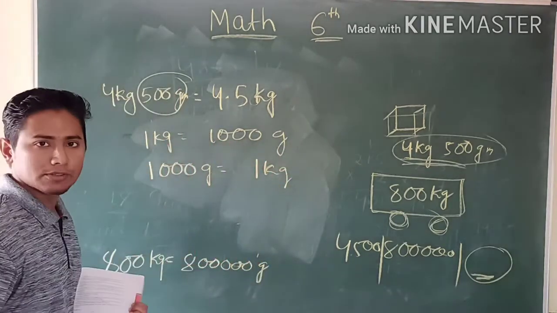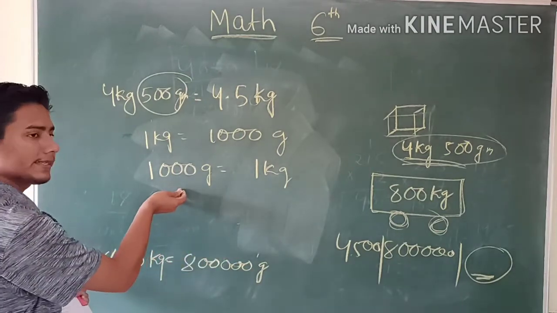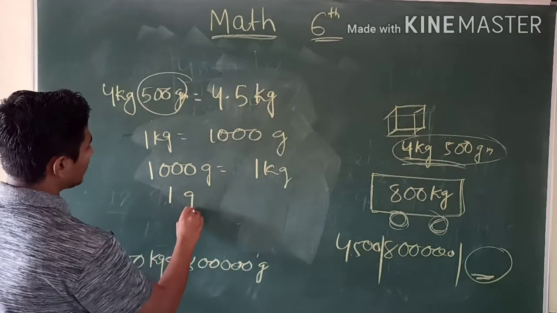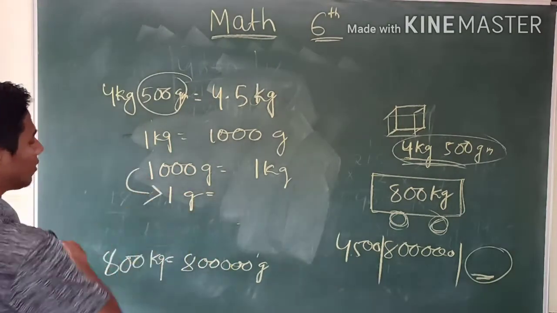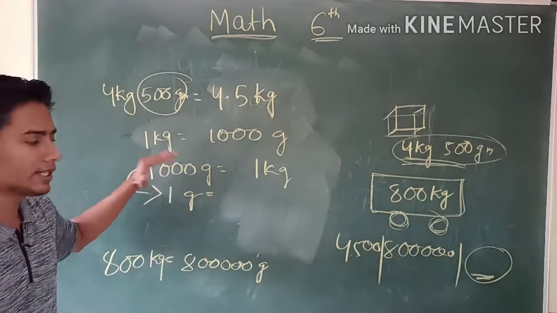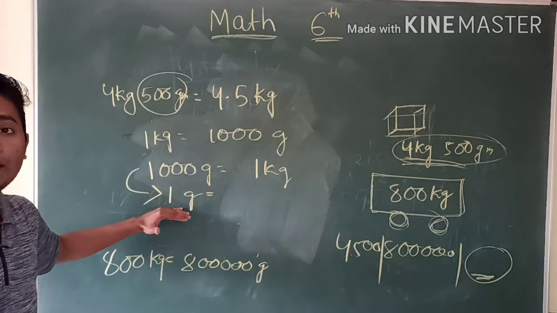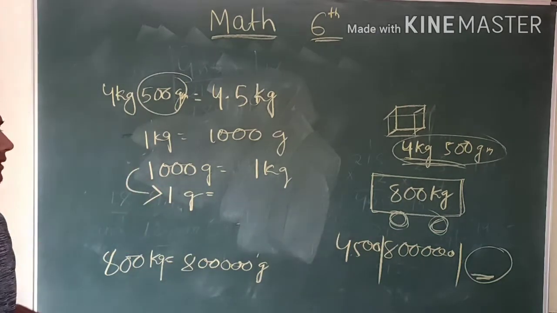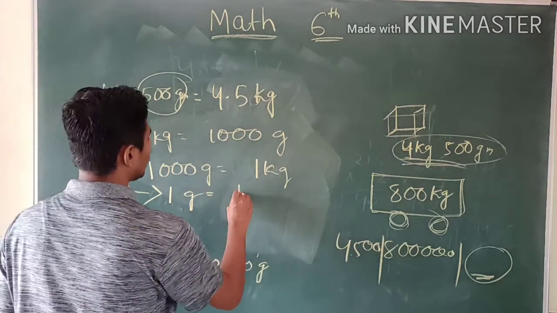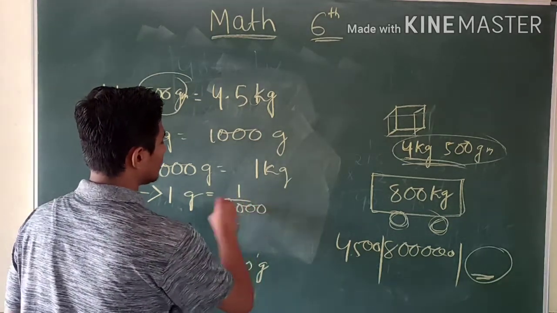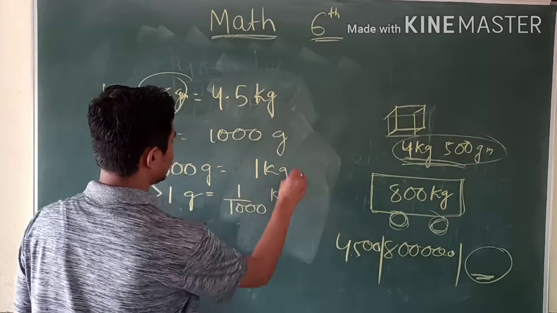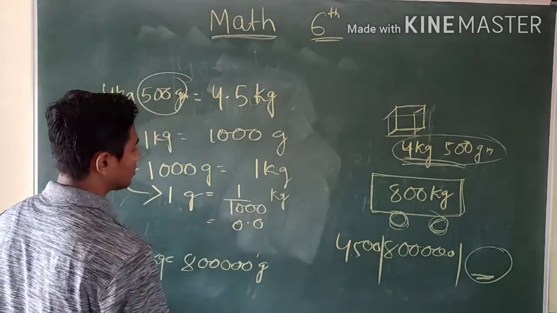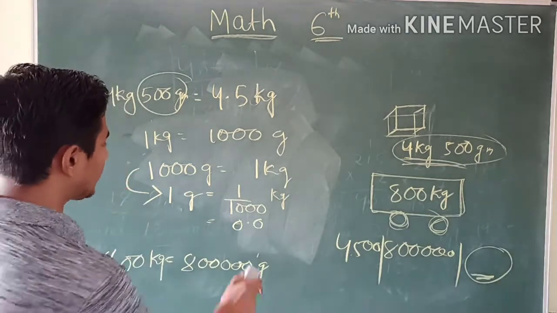Now tell me, 1 gram equals what? You know the value of 1000 gram; you have to find out 1. So what can you do? Division, more to less. So 1 by 1000 kg means that is 0.001. If you don't know decimals, don't write it.